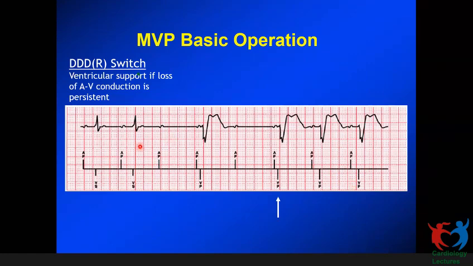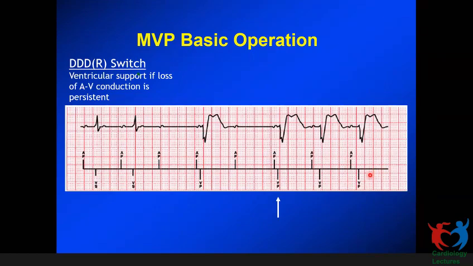Now the pacemaker, after seeing evidence of persistent AV block, switched from the AAI phase of the MVP mode to a dual chamber mode. But a few weeks later, the patient might get AV conduction back, and that could be a longer AV conduction time. With this AV interval, the pacemaker will not know this.